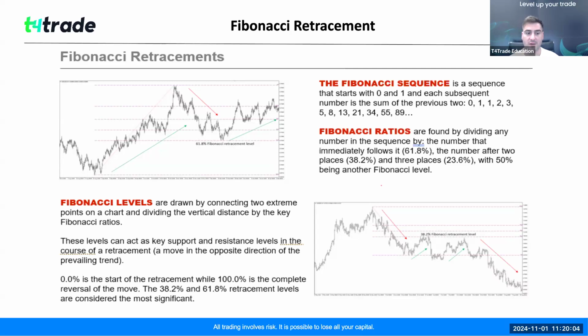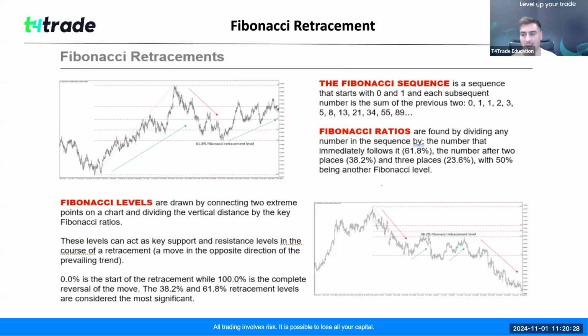So if you take, for instance, 21 and 13, or more specifically 13 divided by 21, you get approximately 61.8% or 0.618, which is the primary and most important ratio in this sequence.